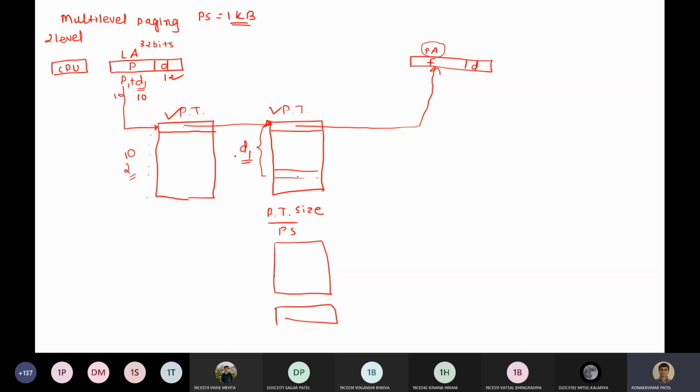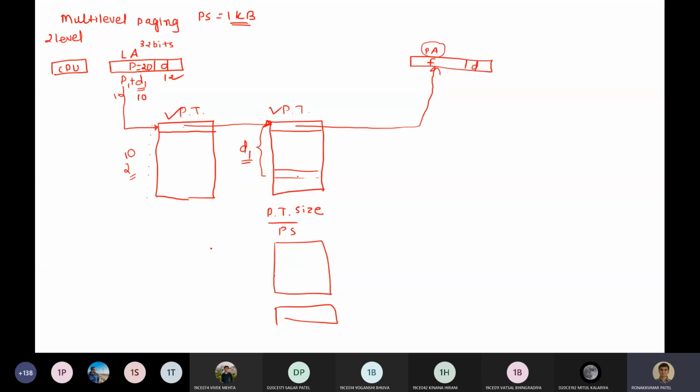But previously it was 2 raised to 20 into 4. If it is only one page table, single level paging, then in that case your P is 20, which means 2 raised to 20 entries are there in the page table, and each entry size is 4 bytes.